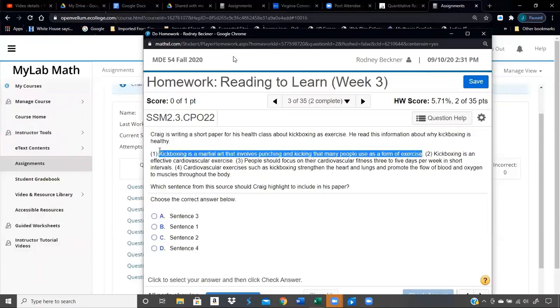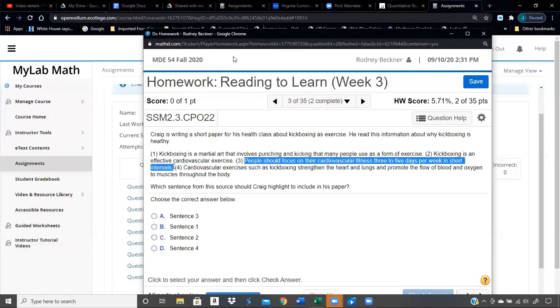I highlighted too much there. That could be good. Kickboxing is an effective cardiovascular exercise. I mean, that's fine too. People should focus on their cardiovascular fitness 3 to 5 days per week in short intervals. So that doesn't say anything about kickboxing, so I'd probably not do that one.